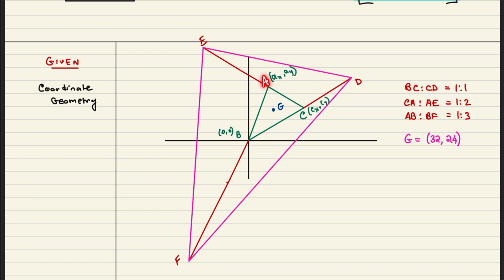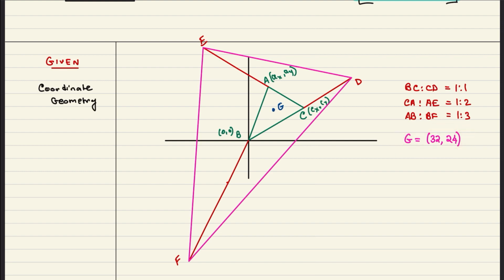Suppose A has a coordinate A subscript X, A subscript Y, and C has a coordinate C subscript X and C subscript Y. It's given that the centroid of this triangle has coordinate 32, 24.